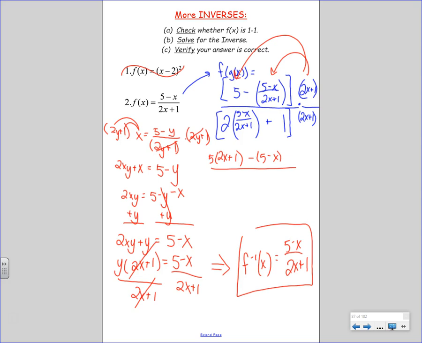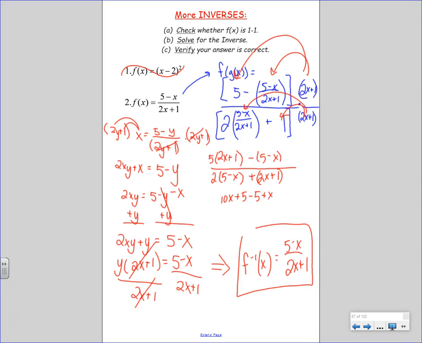You're right. On the bottom, I'm going to bring that guy in. Ooh, he cancels. So I get 2 times 5 minus x. Multiplying them there. Good so far? So on top I get 10x plus 5 minus 5 plus x.